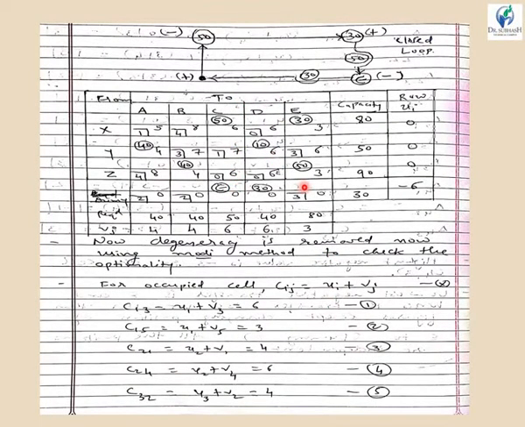Among the closed loop we will add or subtract the lowest allocation. So from the loop 50, 30 and epsilon, the lowest allocation is epsilon. Epsilon is almost 0, negligible, its value will not affect the final result. So the smallest allocation among the closed loop 30, 50 and epsilon is epsilon.